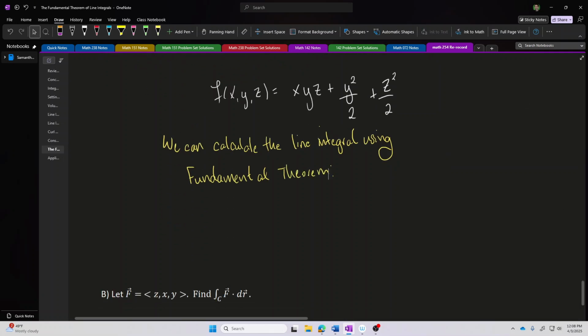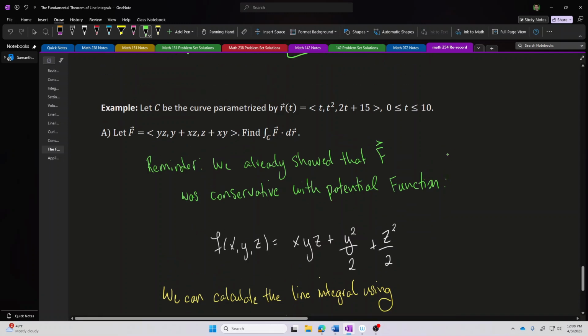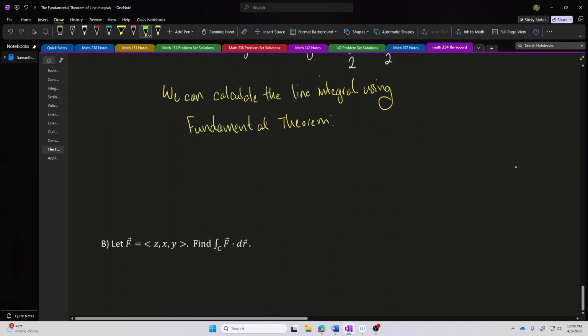Which says that to calculate the line integral, all we have to do is plug the initial and the final points of the path into the potential function and then subtract those two results. So let's see if we can figure out from the information provided what is the initial point on this curve and what is the final point on this curve.